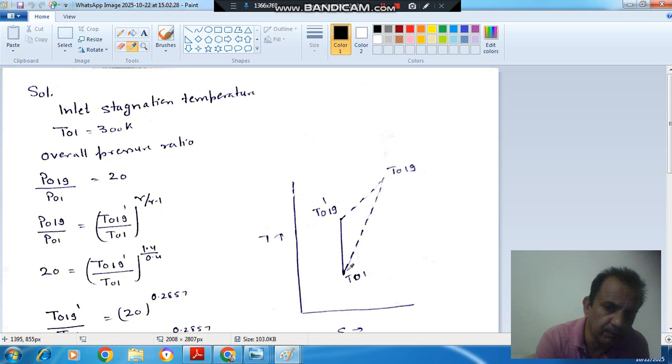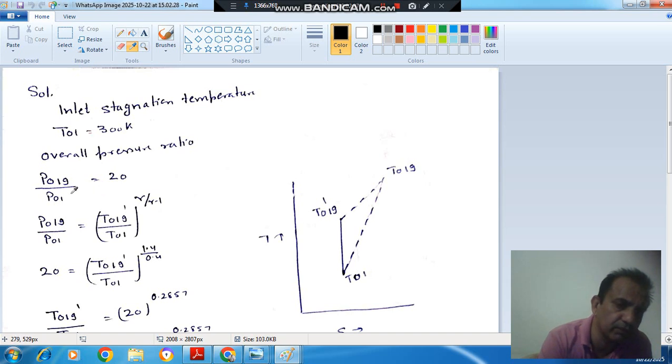And this is the condition if we carry out isentropic compression, and the temperature reaches T019 dash.